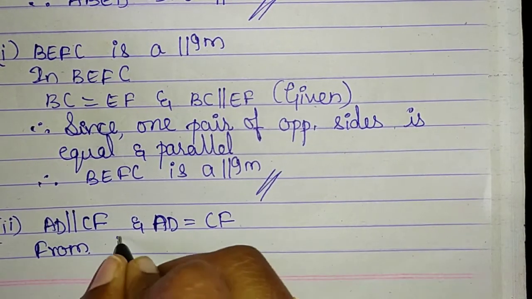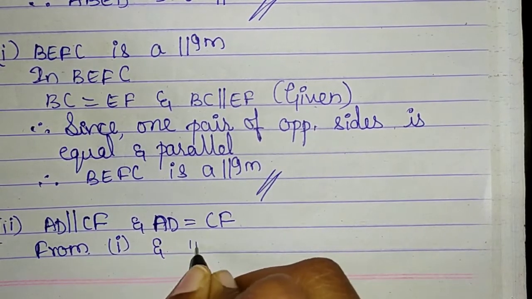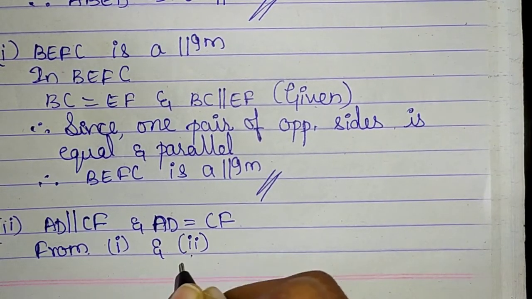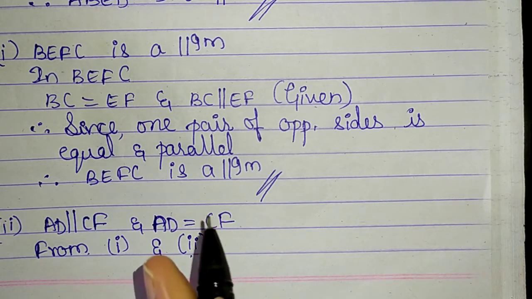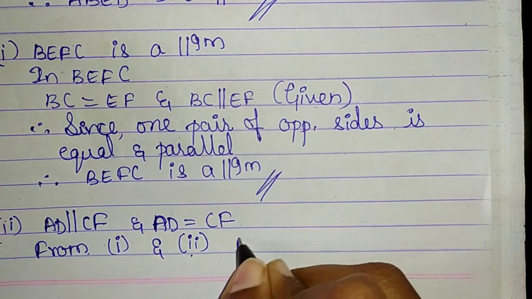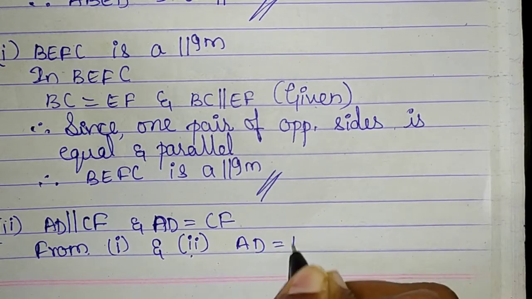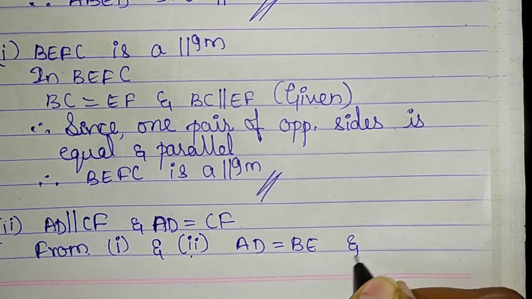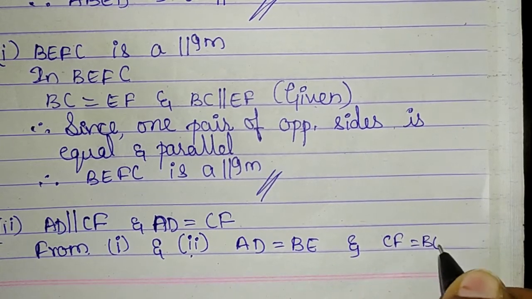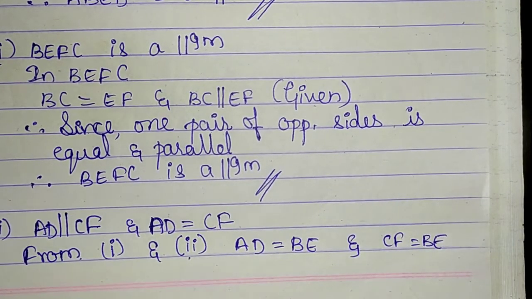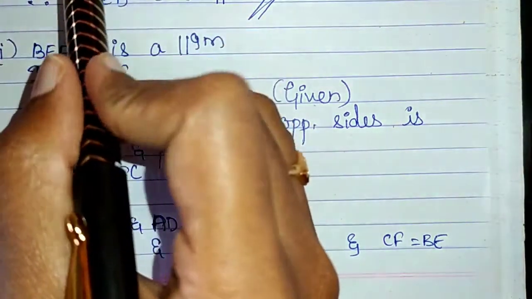From 1 and 2, we will have AD is equal to BE and CF is equal to BE, because ABED is a parallelogram.